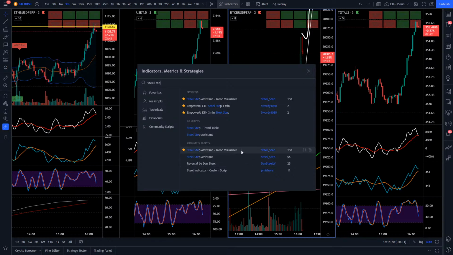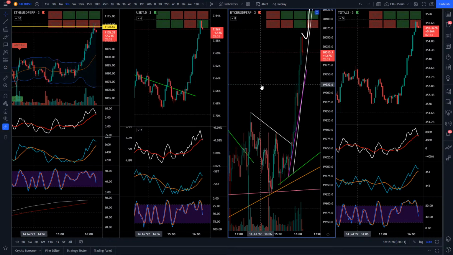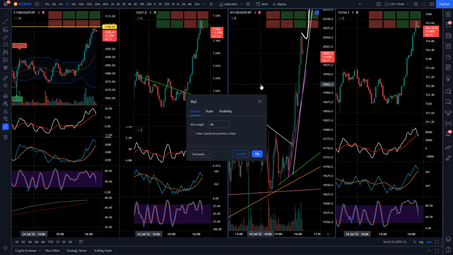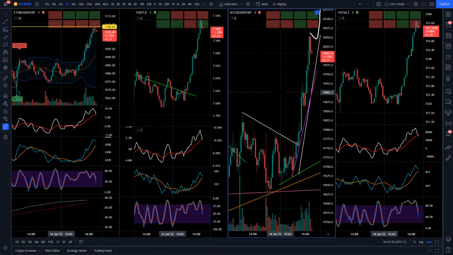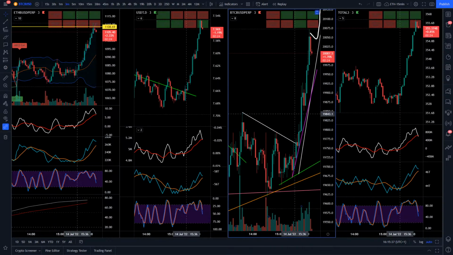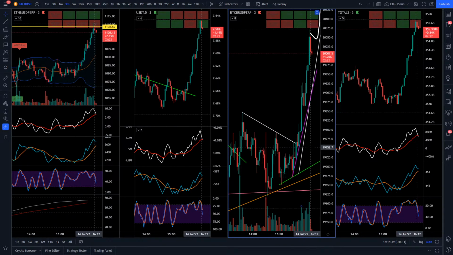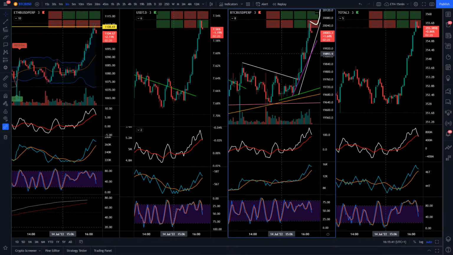The trend visualizer, the first one, okay? Trend visualizer, this one. You can just find it. When I first posted it, you had to go through that step that I mentioned just now, because it was not published yet. I think now it's published.